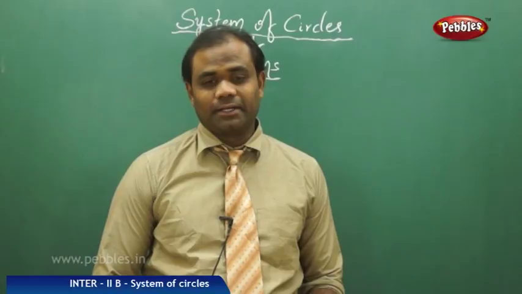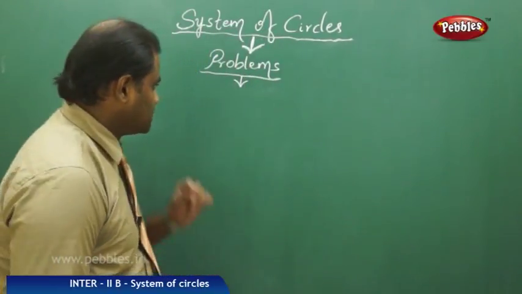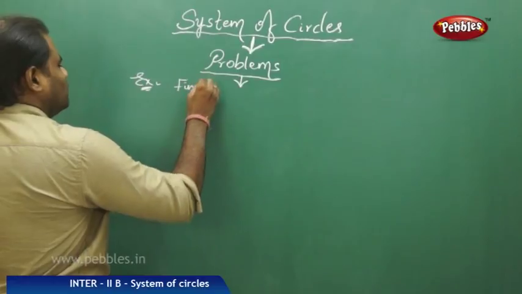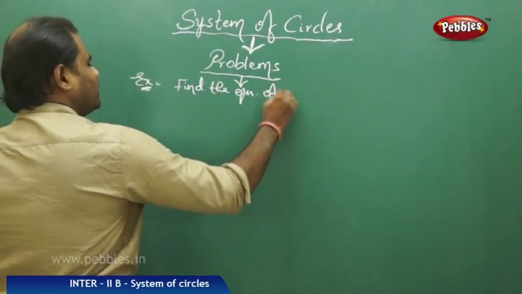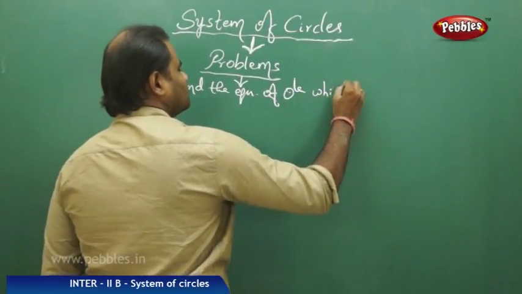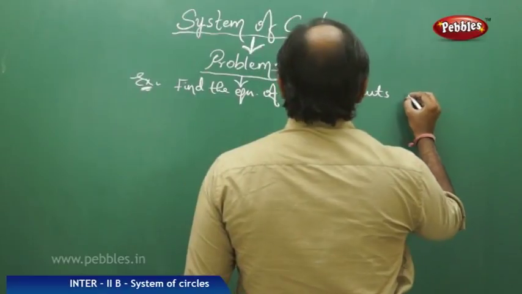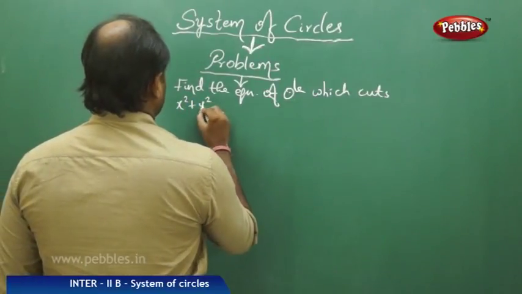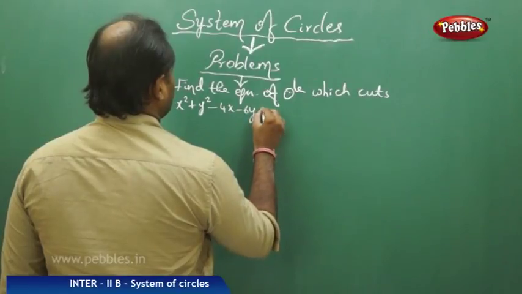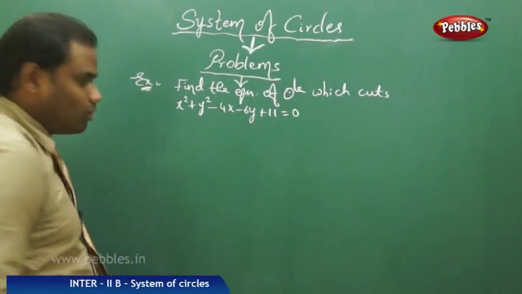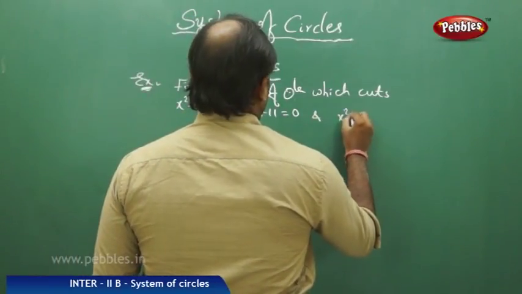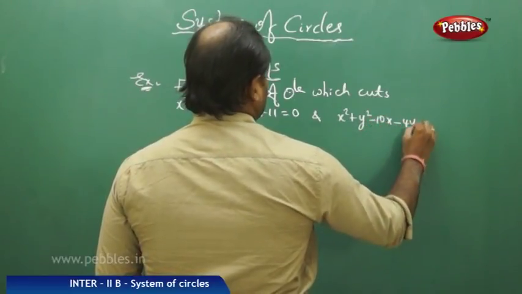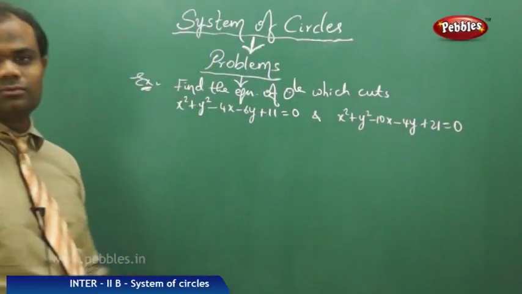Now let's do some problems connecting the system of circles. In this case, we have, say for example, a problem where I want to find the equation of circle which cuts the circles x squared plus y squared minus 4x minus 6y plus 7 equal to 0, and also it cuts x squared plus y squared minus 10x minus 4y plus 21 equal to 0.